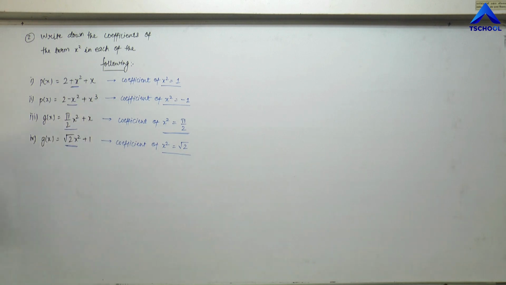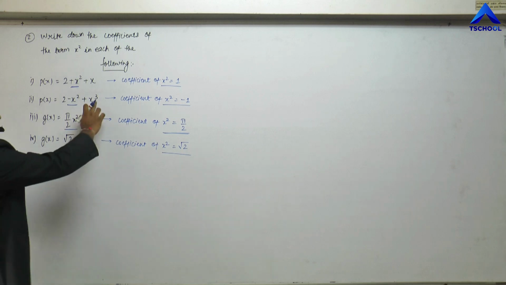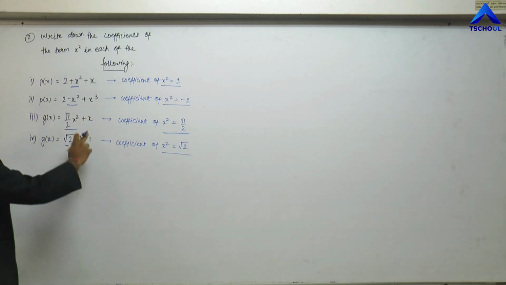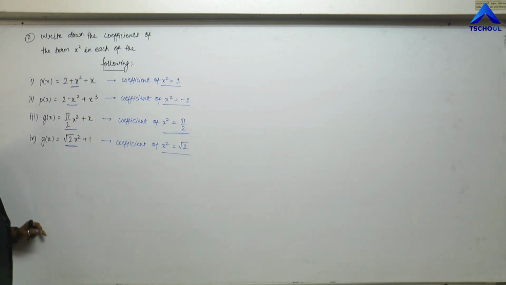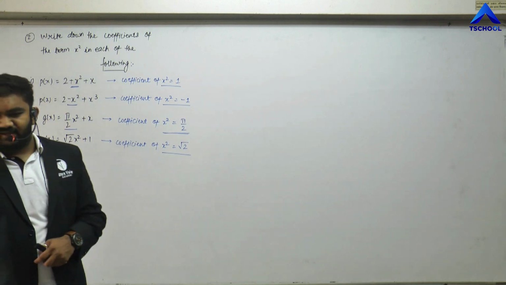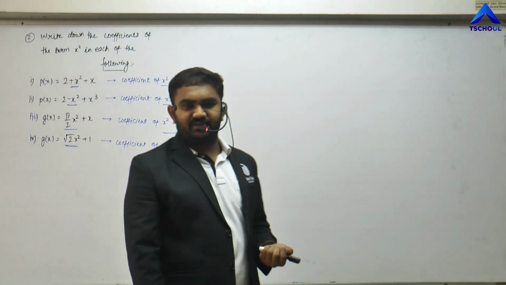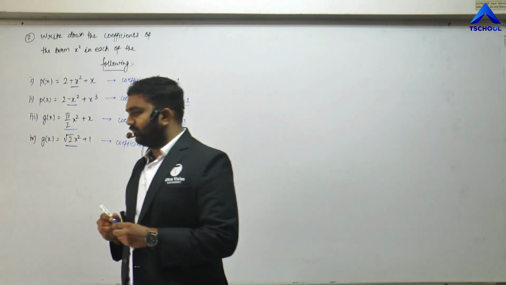Here in the second there is no term with variable x present, hence the coefficient of x is 0. For the third one, the coefficient of x is 1, and for the last one again there is no term with the variable x, so the coefficient of x is 0 in the fourth question.